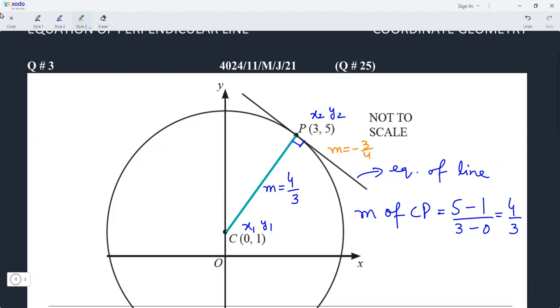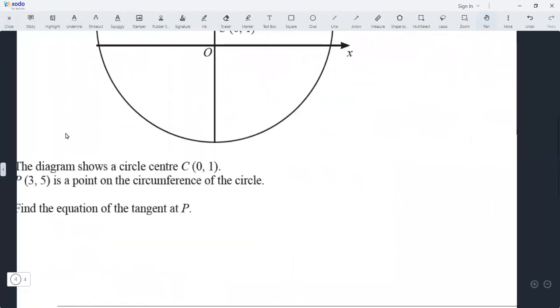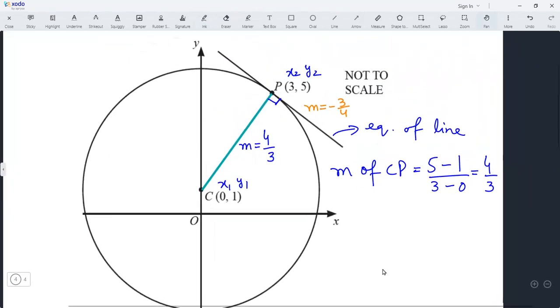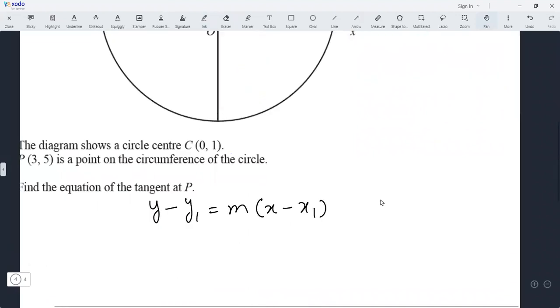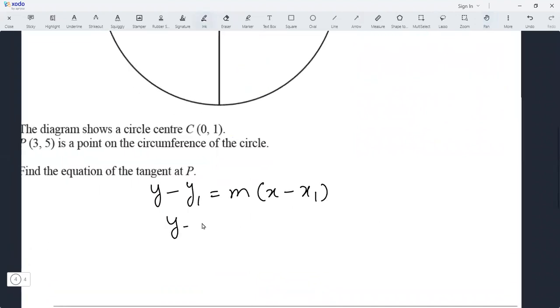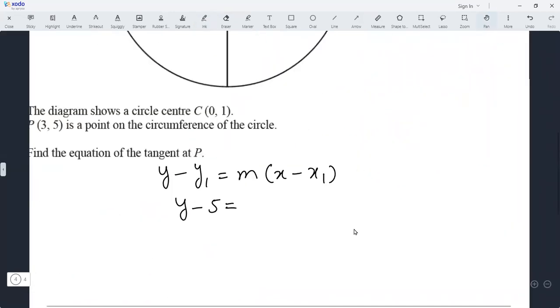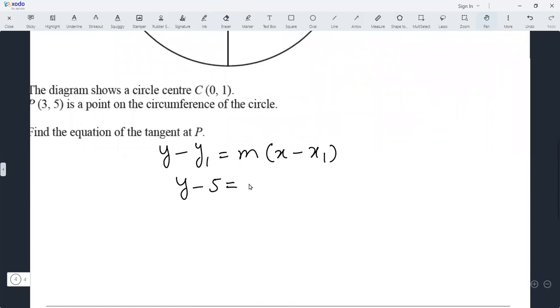So starting from the equation of a standard line, y minus y1 equals m times x minus x1. y1 is the y coordinate of point P, that is 5. So y minus 5 equals the gradient. The gradient must be negative 3 over 4 because it's the gradient of the tangent line.